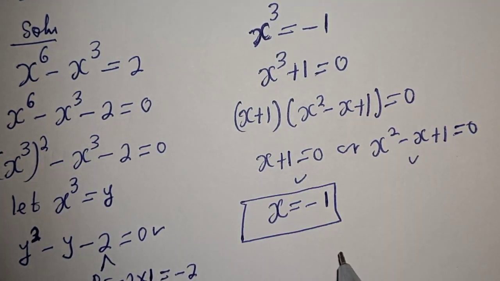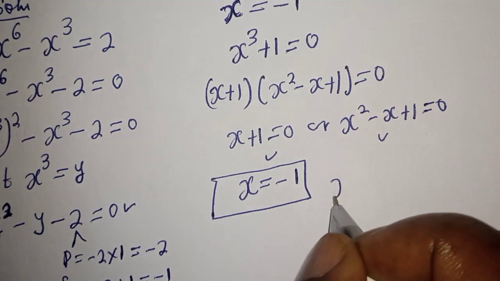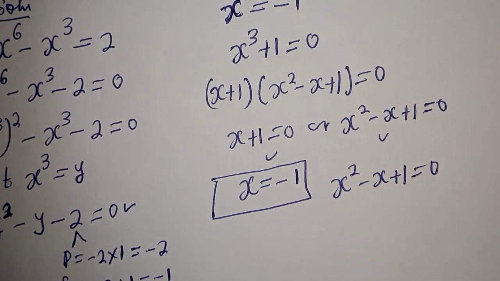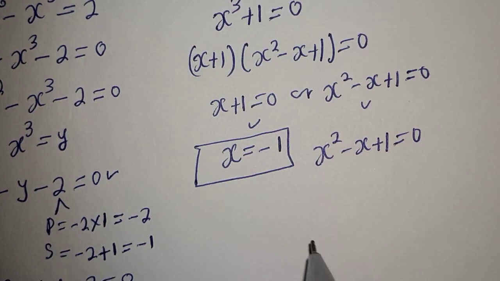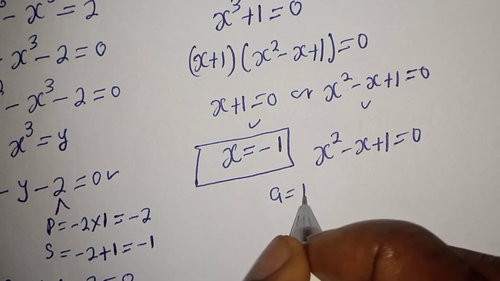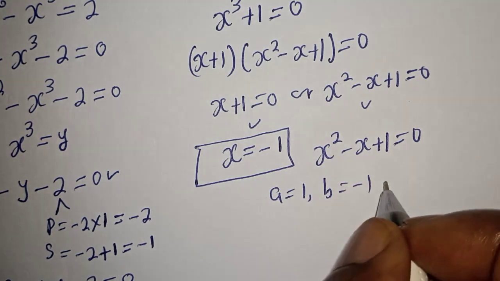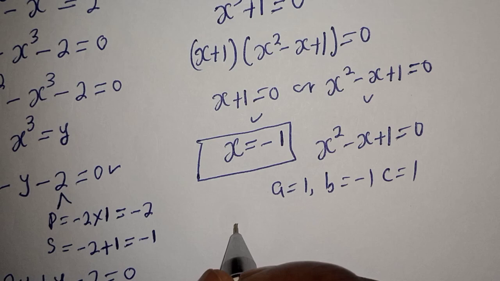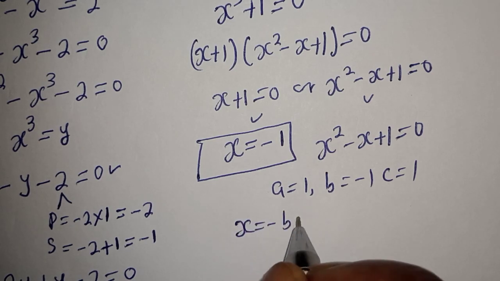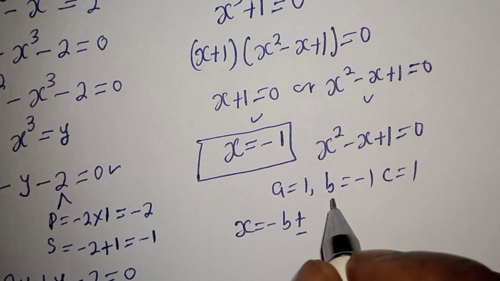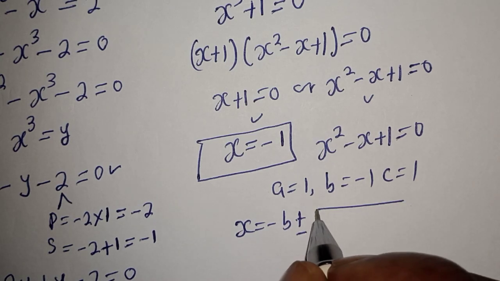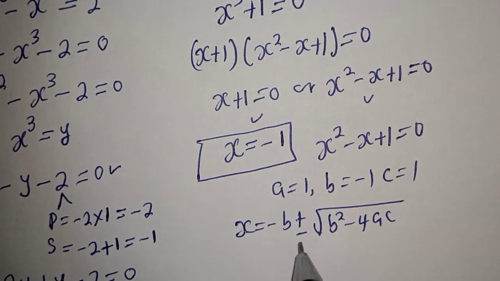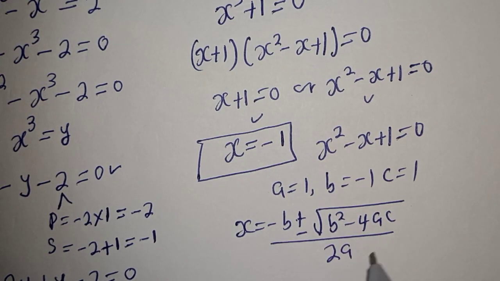But from here, this is a quadratic equation. Let's solve s squared minus s plus 1 is equal to 0. Then a is equal to 1, b is equal to minus 1, c is equal to 1. Then from the quadratic general formula, s is equal to minus b plus or minus square root of b squared minus 4ac over 2a.